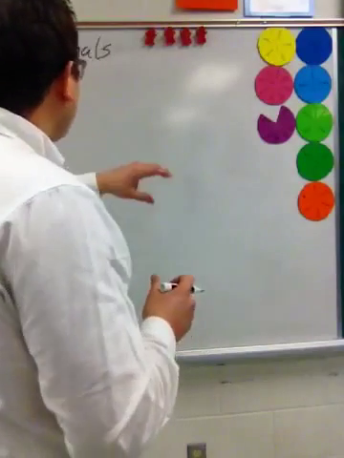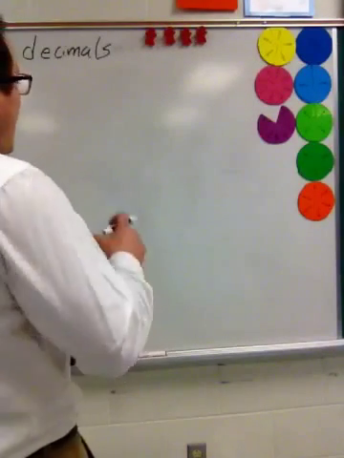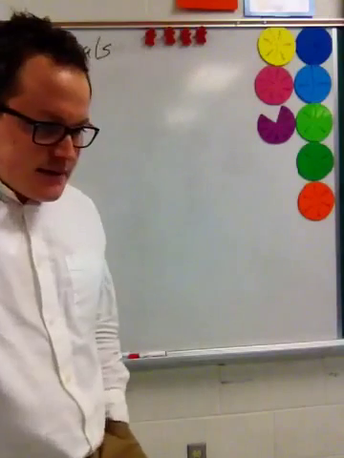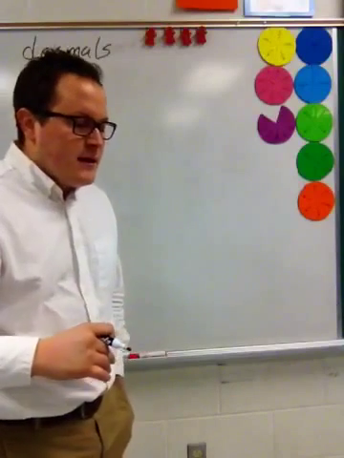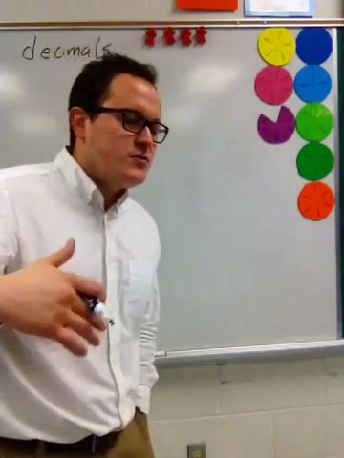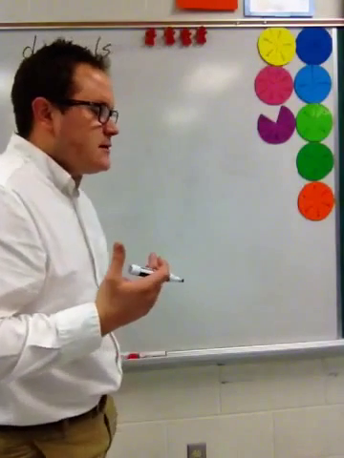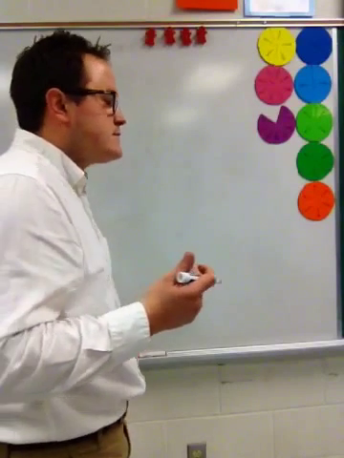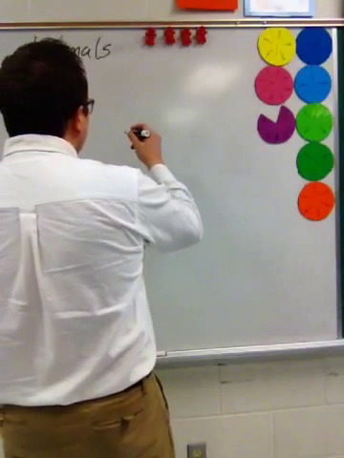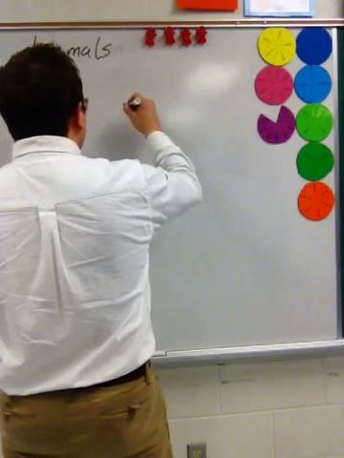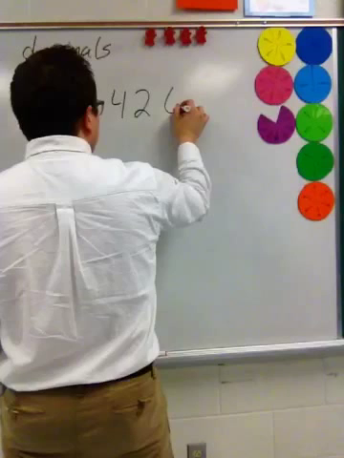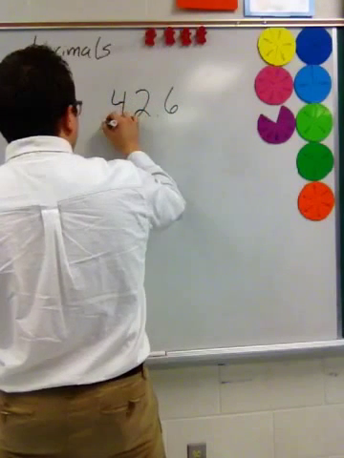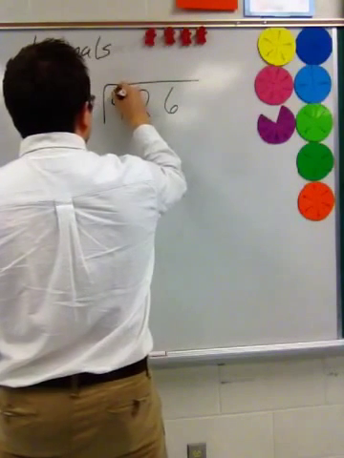So how do we go about this? Well, I'm just going to pick a random example. I haven't thought this out. Let's do 42 and 6/10 divided by, that's a weird looking 4.